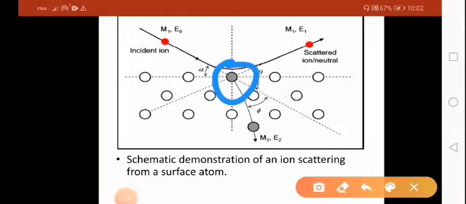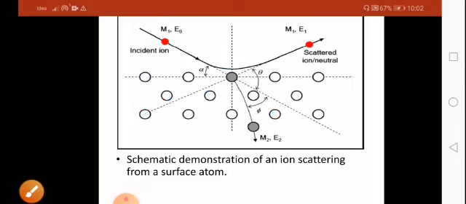The whole material is the target material. All these atoms are target atoms, and the atom lying on the surface is the scattering center. So the incident ion of mass m1 is falling and getting scattered by this marked atom in ash color.